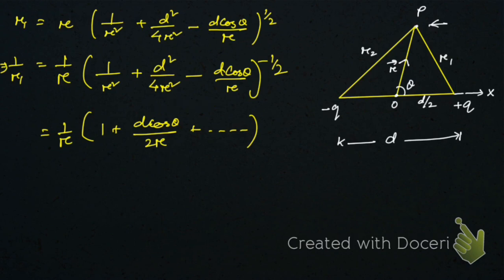So here you see, 1 by r1 is approximately equal to 1 by r plus d cos theta by 2r square.